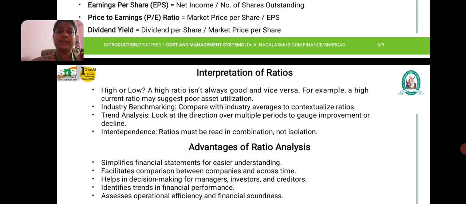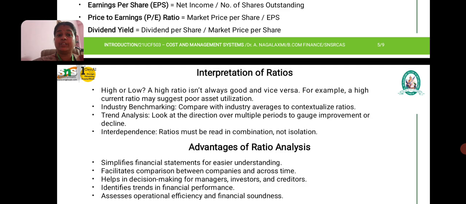Next is the interpretation of the ratio. High or low: a high ratio isn't always good, and vice versa. For example, a high current ratio may suggest poor asset utilization. Likewise, industry benchmarking, that is comparing with industry averages to contextualize ratios.